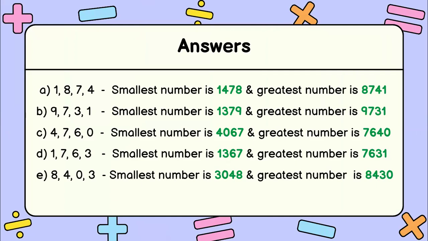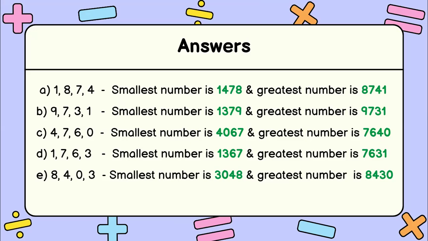In sequence A, we had the numbers 1, 8, 7, and 4. So, what is the smallest number? The smallest number is 1478. How? Well, we first took the two smallest digits and put them at the start and then the next bigger digits at the end. So that makes 1478.